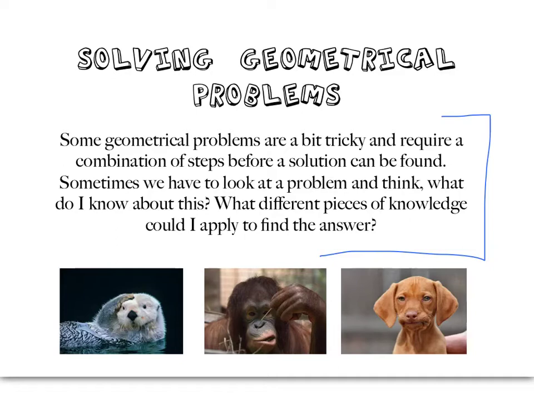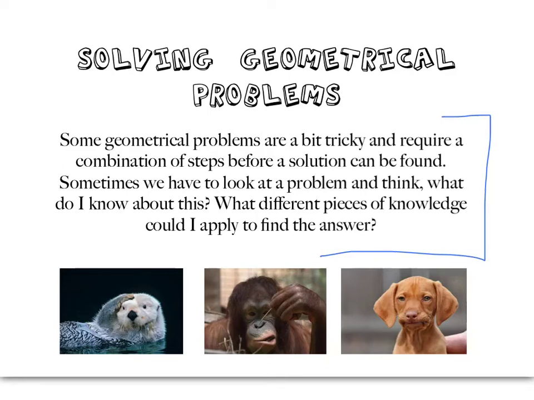Sometimes we have to look at a problem and think, what do I know about this? And what different pieces of knowledge could I apply in order to find the answer? So sometimes we just have to look at a problem, sit back and think, okay, this is a bit tricky. What do I know about this diagram? What do I know that's in this problem? And how could I use that to come to an answer?